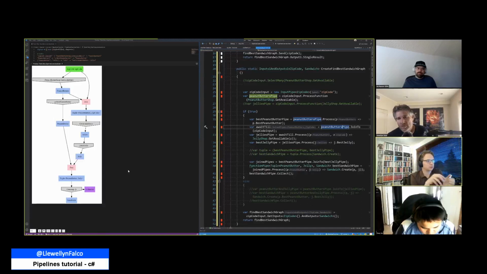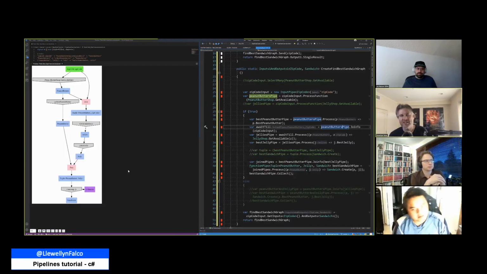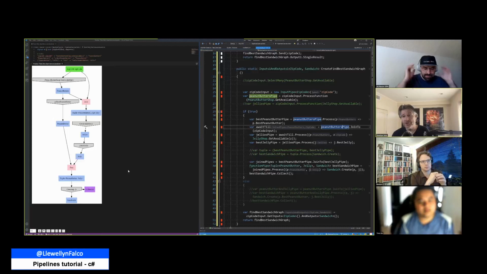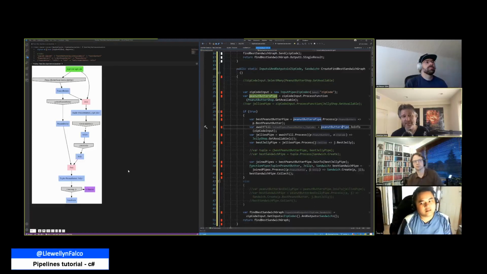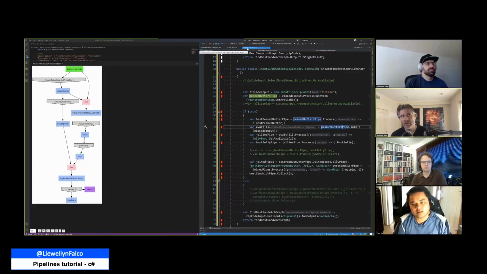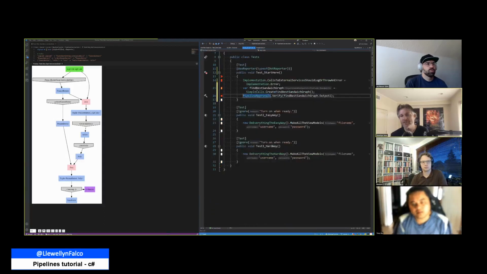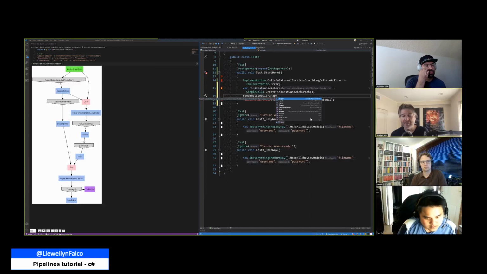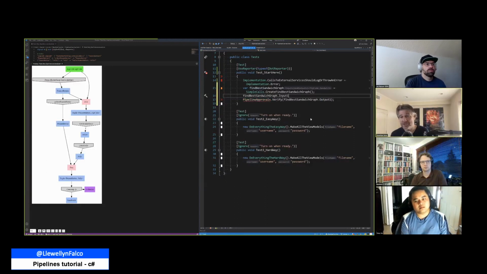For my first test, I'm going to call A first and then B, but in my second test, I'm going to call B first and then A. So an interesting thing is, because we now have the code as configuration, you can do that, right? You could go to the pipelines and say, calculate all the different permutations of how this could run, and then force it to do all those different permutations.